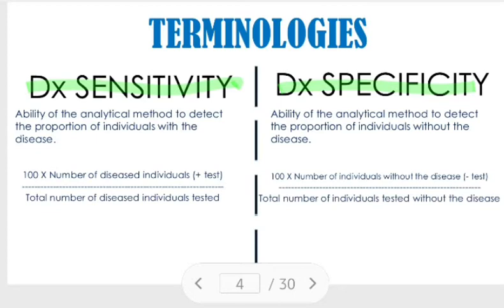So diagnostic specificity is the percentage of persons who do not have a given condition and who are identified by the assay as negative for the condition.